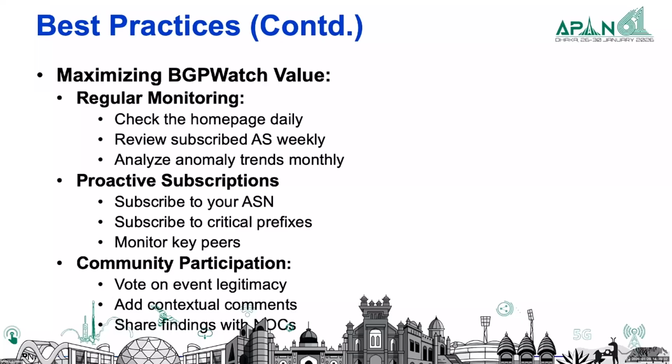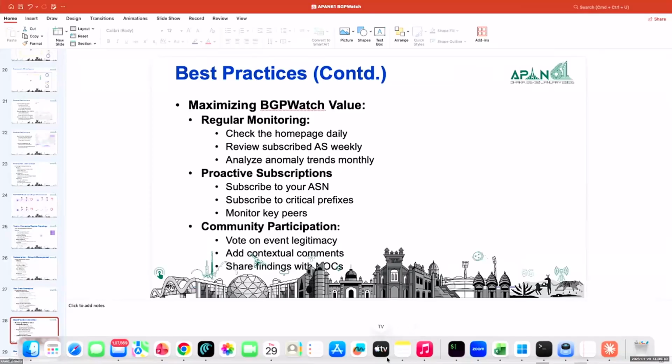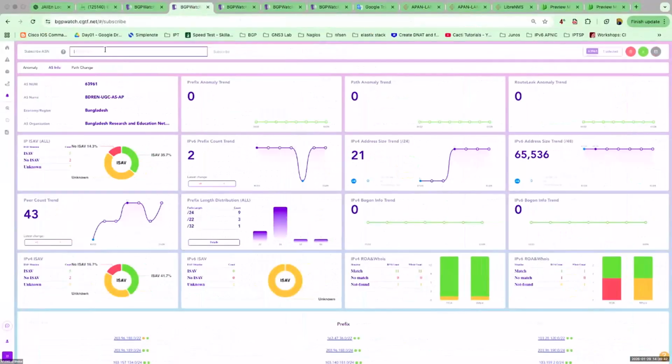Another thing is that this is community driven and open. Another feature is available here: if anything happens to your prefixes and you find it is a false positive, you can vote here and put a comment.